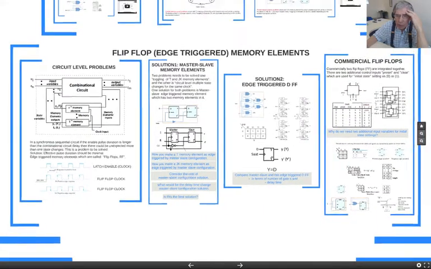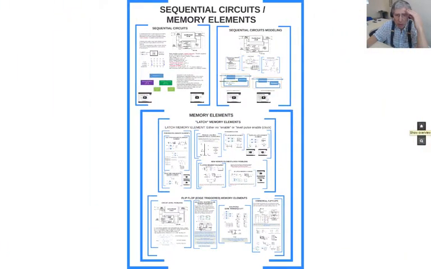Let me show you what we have done and what we will be examining next. We are dealing with sequential circuits. Within sequential circuits, one of the main elements is the memory element.